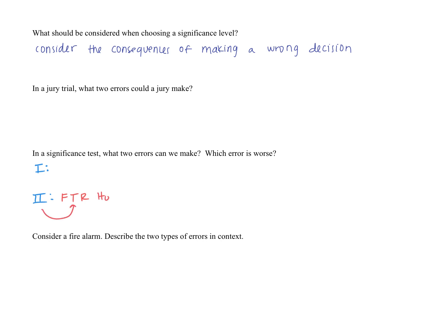Now, that's not an error yet. That's just a decision. The reason this is an error is you fail to reject the null, but the null is false. That's what makes it an error. If the null is false, we should have rejected it. But if the null is false and we fail to reject it, that's an error.